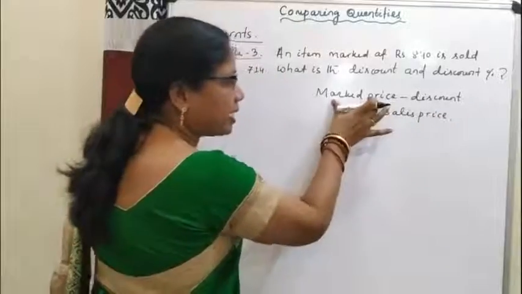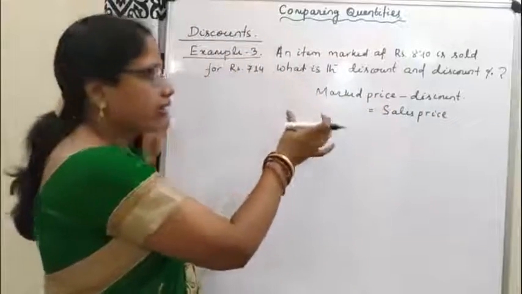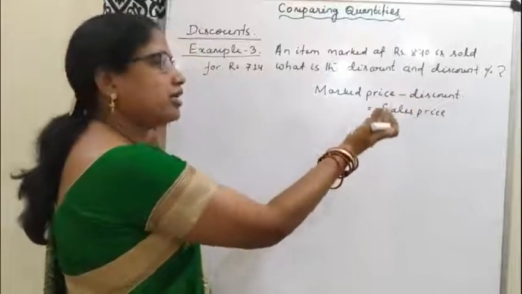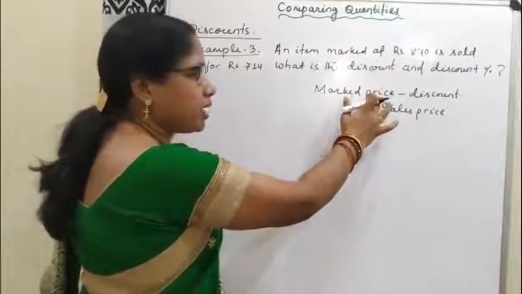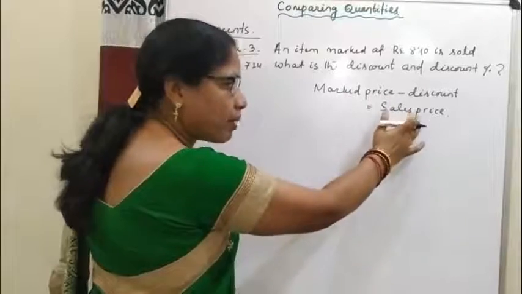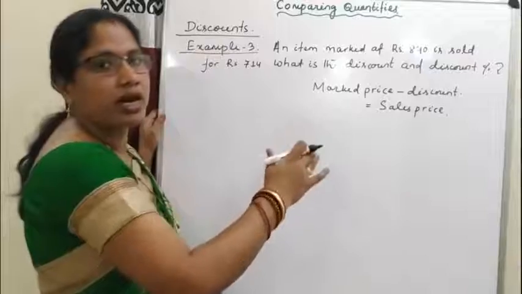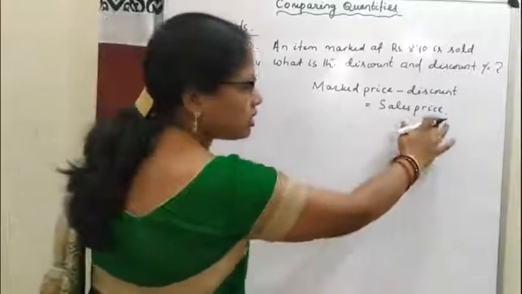So one price is written on the tag, that is known as mark price. Then the discount amount is deducted from the mark price, and at this price the goods are sold. This is known as sales price.